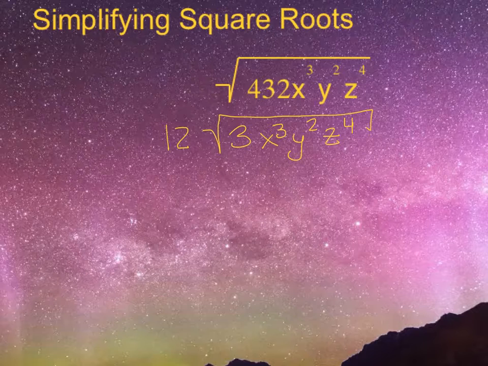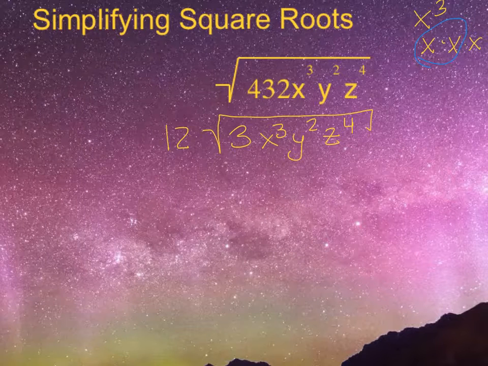Well, they're the same thing as numbers, really. We're looking for pairs. So let's start out with the x cubed. X cubed is the same thing as x times x times x. So there's our pair right here. We've got x squared. And let's take a look at y squared. Well, that's a perfect square already, right? That's y times y, and that's our pair.